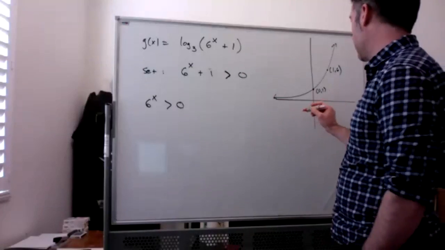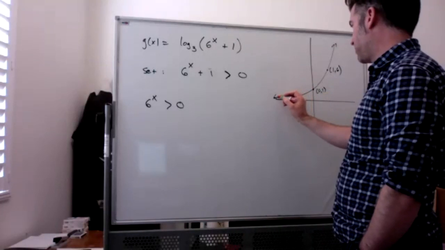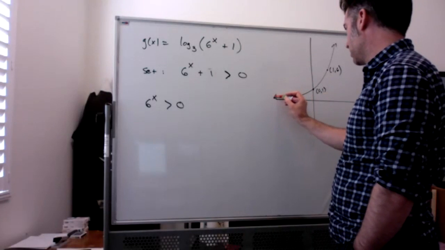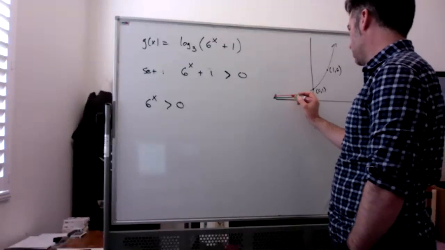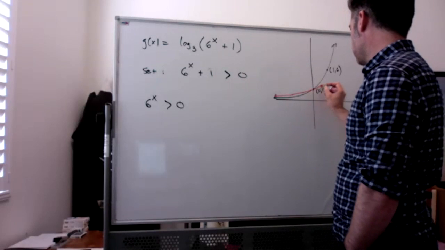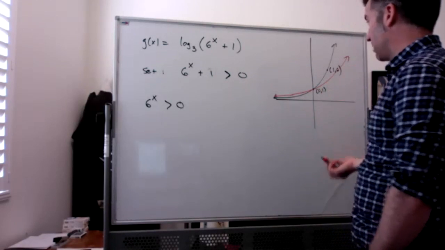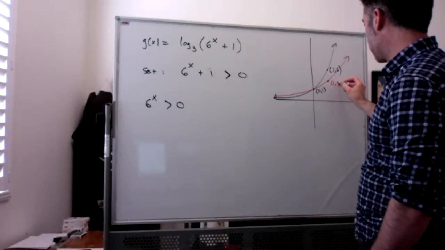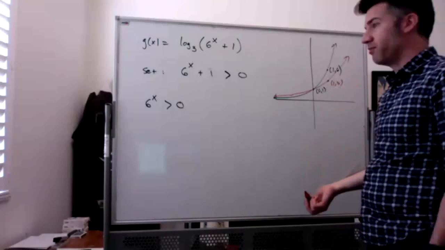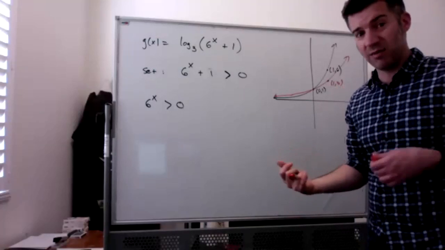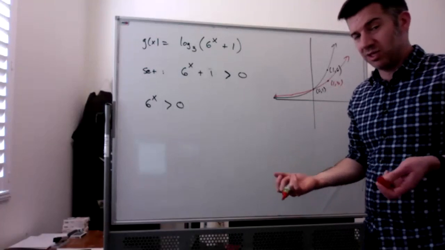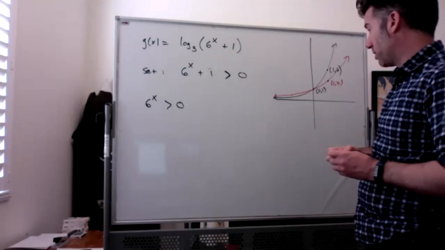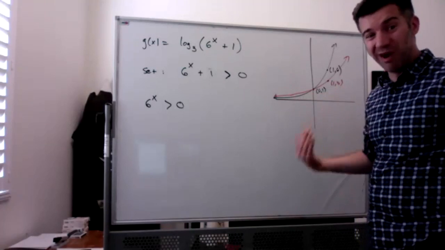Like if I graph, let's say, 3 to the x, it might look more like that. It's where you have the point 1, 3 instead of 1, 6. So all these exponential functions have the same sort of shape, just a little bit different from each other. But importantly, they're all always positive.